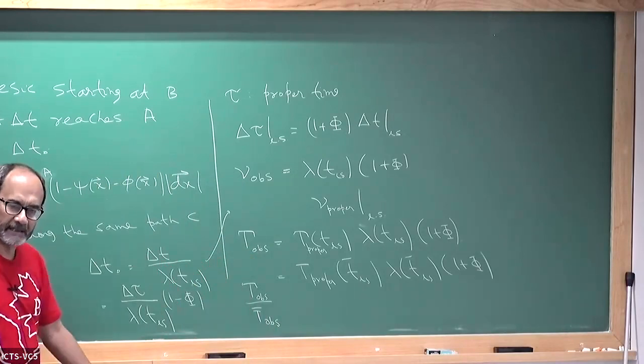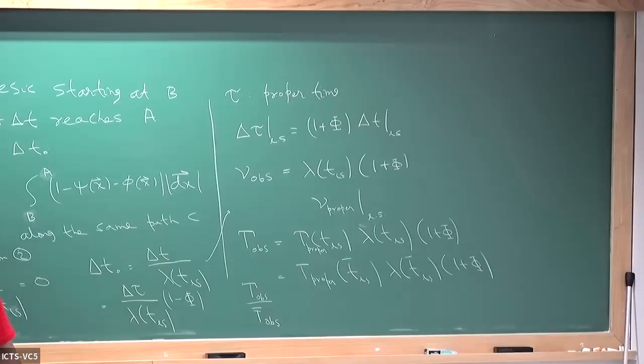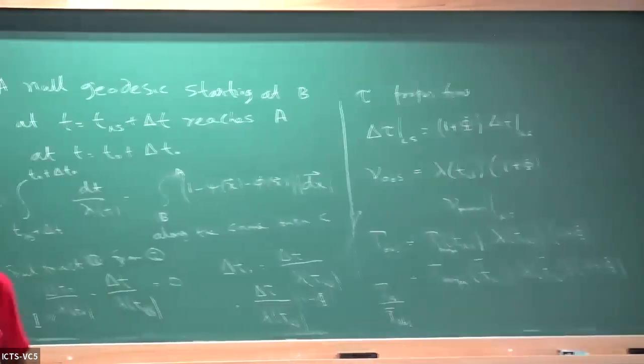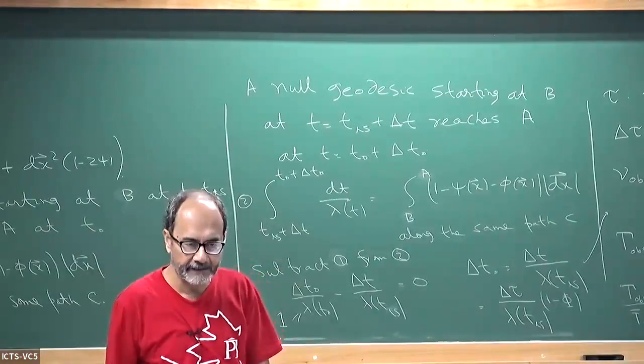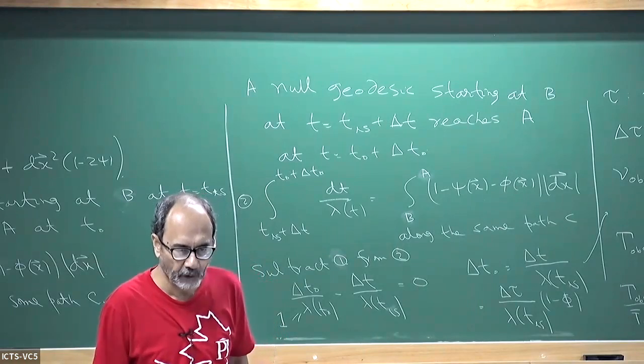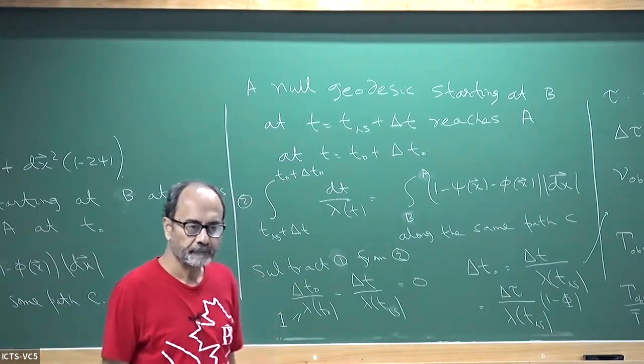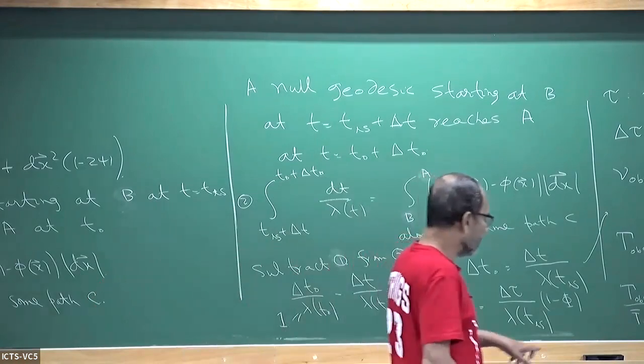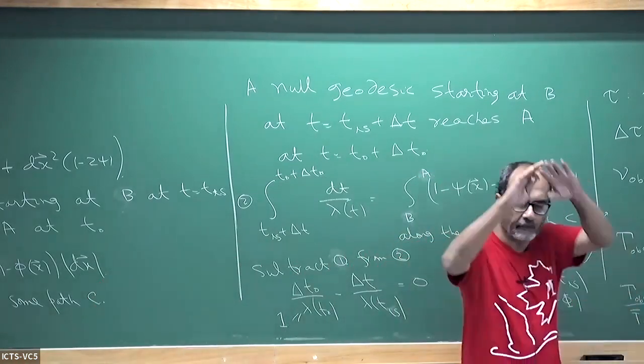T bar LS is some fixed time. Let's say this is the average time of last scattering. In different directions, last scattering happened at different times. Let's just take this average. The final result will not really depend on this T bar LS, so we don't have to calculate what T bar LS is. So T bar observed is the average temperature coming from all directions in the sky.